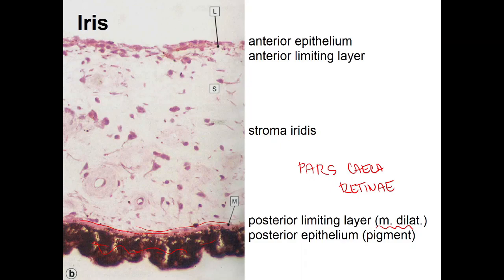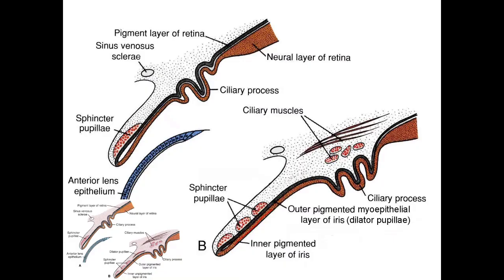Yes, this inner layer is pigmented and should be darker. But on the ciliary body, on the ciliary processes and the corona ciliaris, the situation is correct as in this picture.